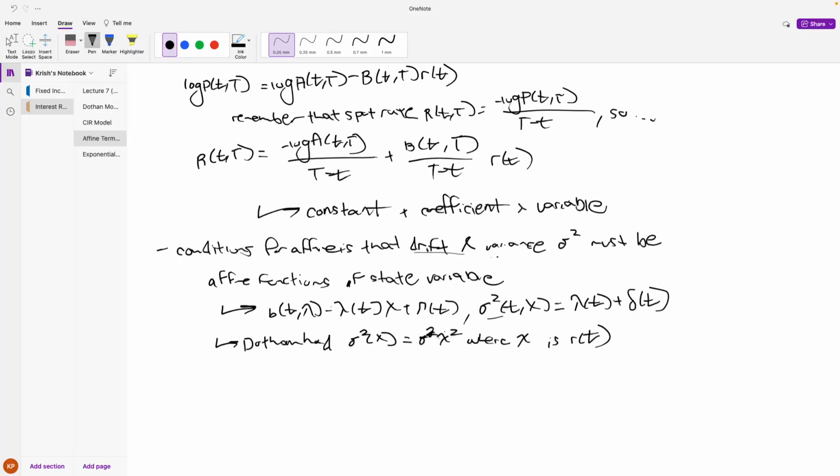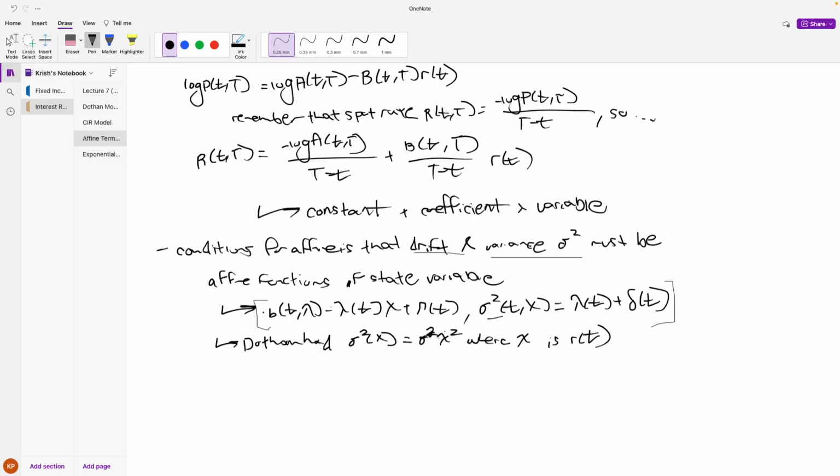The drift and variance have to be affine functions of the state variable. They have to follow this specific property. Essentially what it means is that our variance cannot be quadratic, it has to be a squared value, and then our drift has to be linear.